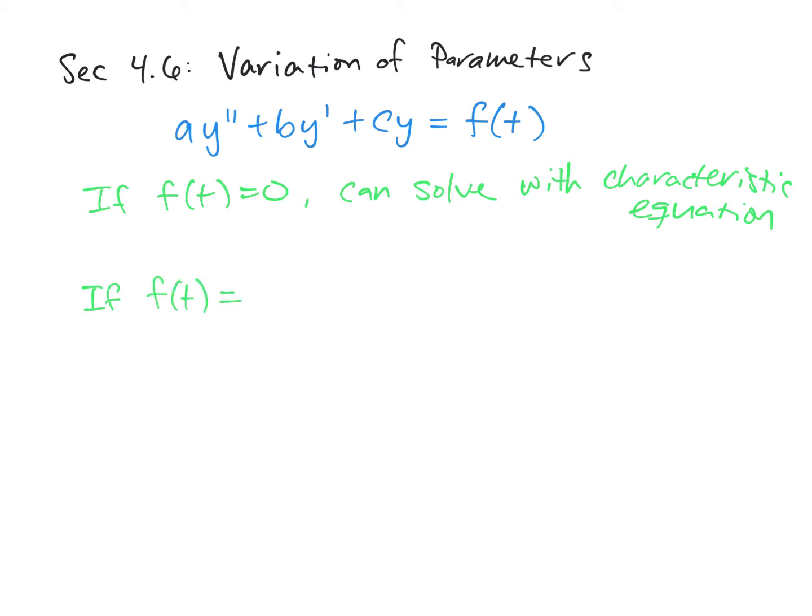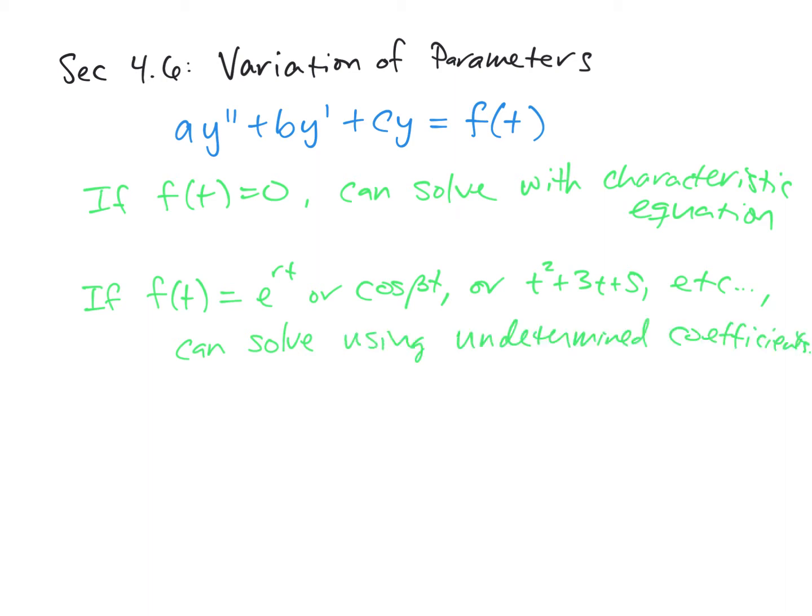So we learned how to do this in the case that, like, e to the rt or cosine beta t or, you know, t squared plus 3t plus 5, etc. So then we learned how we could make a guess at what the solution was and then refine that guess using the method of undetermined coefficients.